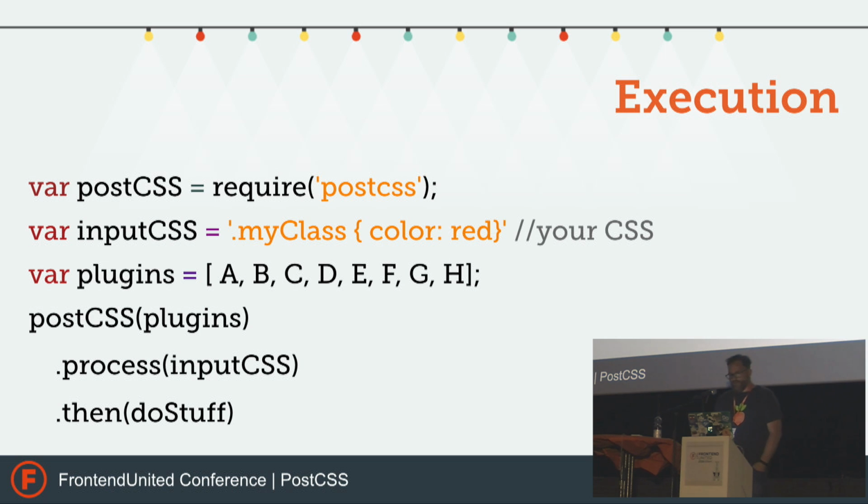You have an array of plugins that you want to run over that, and then you just call the PostCSS function and tell it what plugins to use, process the input, and then save it to disk or whatever, hand it over to the next thing. What you would probably do with Gulp.